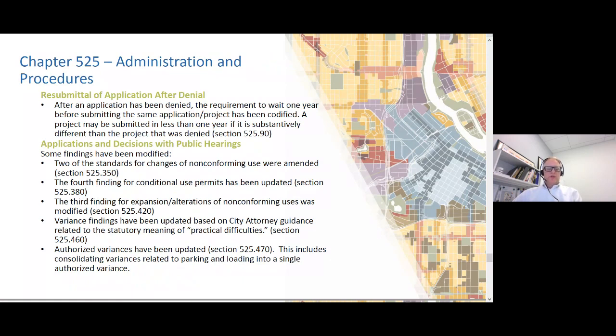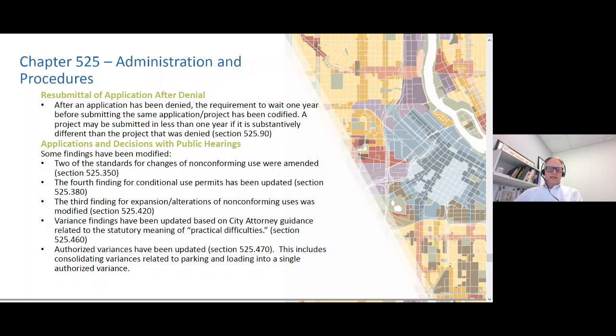Some of the application findings have been modified. Two of the standards for changes of non-conforming use were amended. One of the findings for conditional use permit has been updated. I believe that is related to traffic congestion and curb cut interface with the public right-of-way. One of the findings for expansion alteration of non-conforming uses was modified.